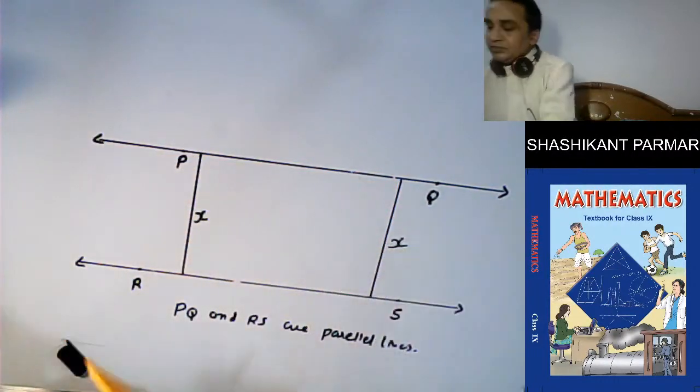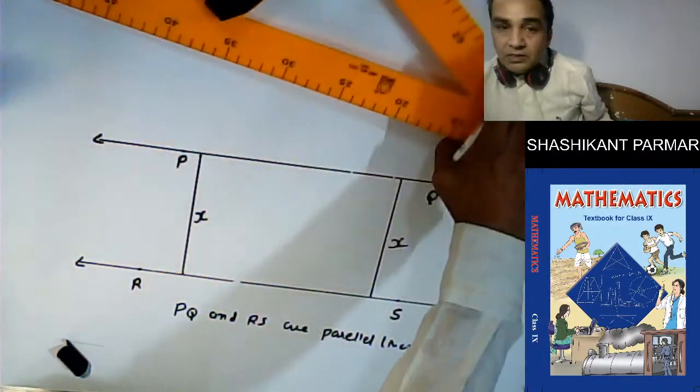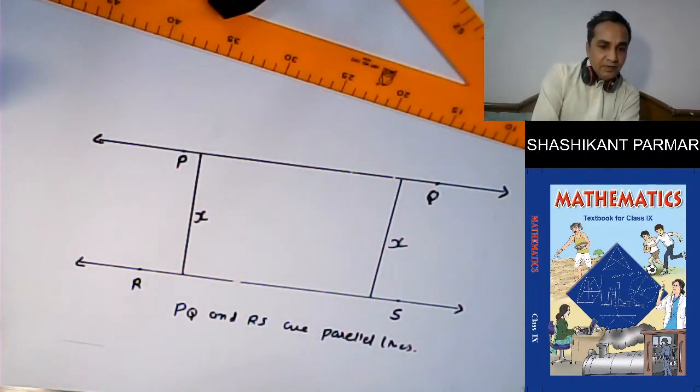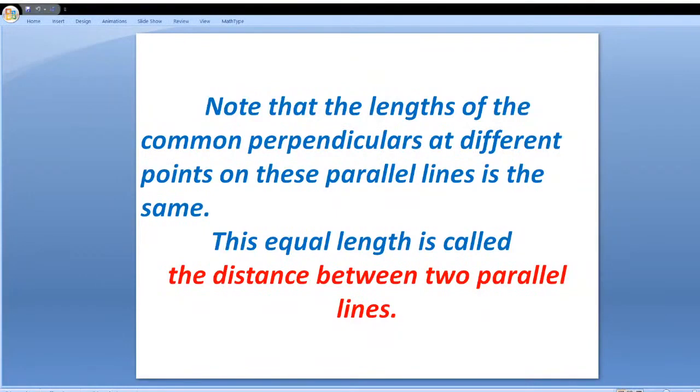So this is x. I think now you understand. Again, read this. Length of the common perpendiculars at different points on these parallel lines is the same, and this is called the distance between two parallel lines.